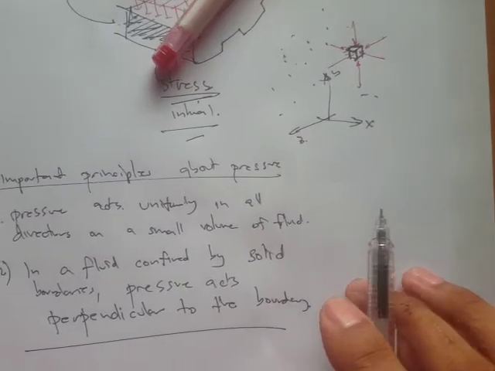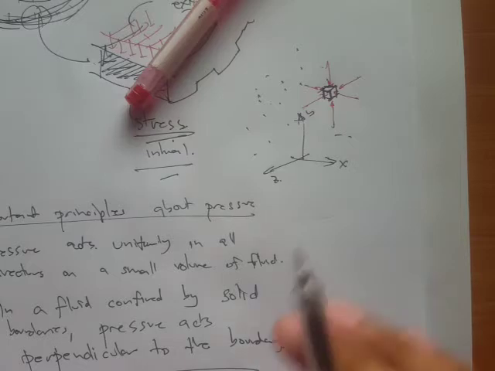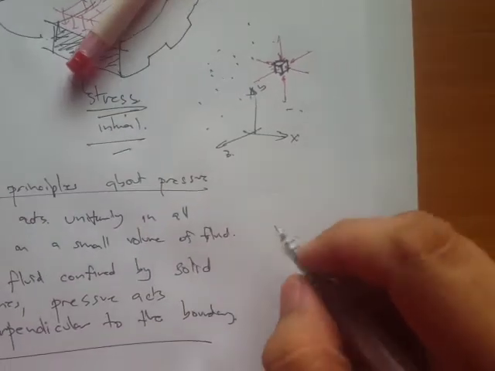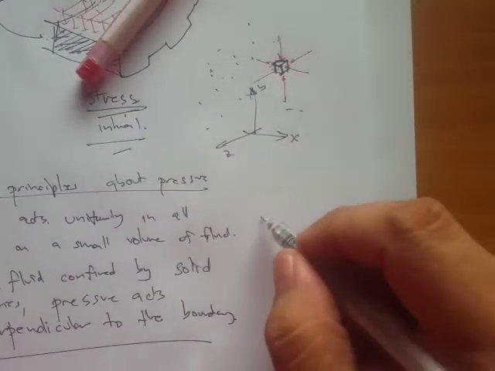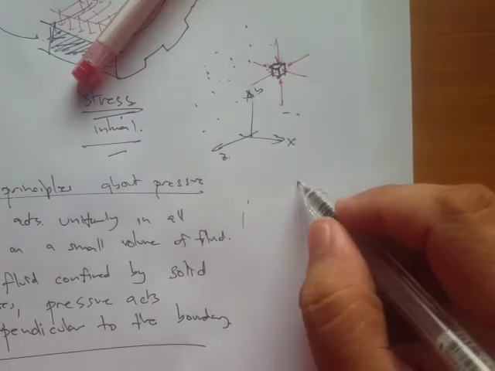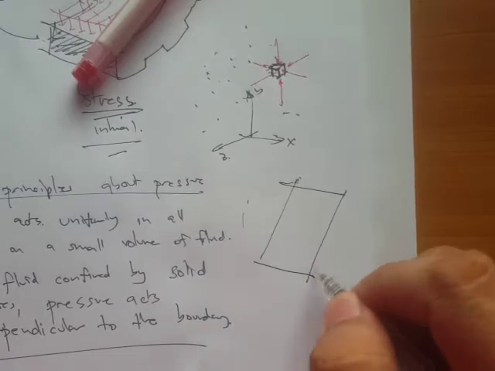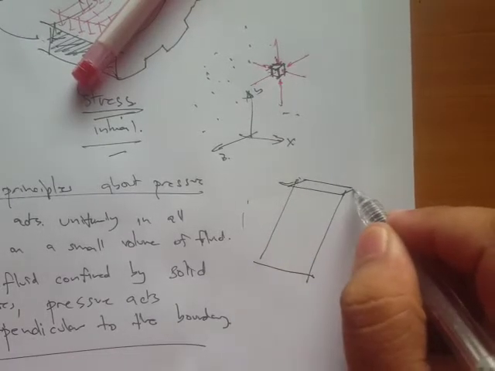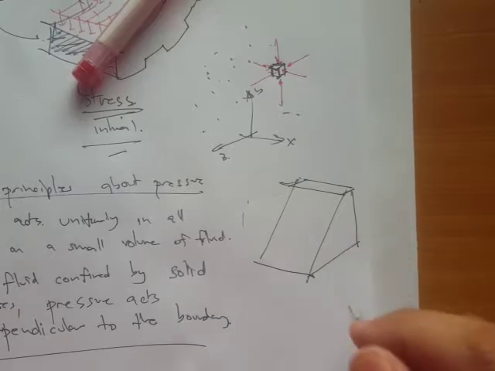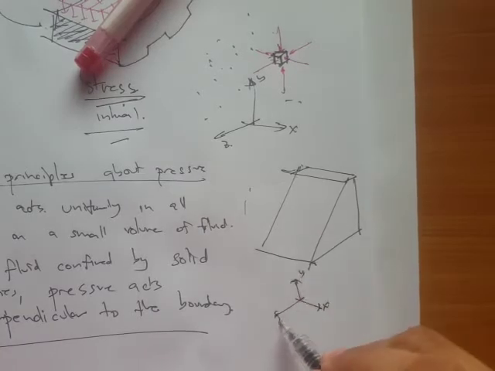And in number two, it says in a fluid confined by solid boundaries, pressure acts perpendicular to the boundaries. Now, for example, you have a solid boundary, something like this, right? I still want to draw this in three dimensions. So for example, these are our x, y and z.